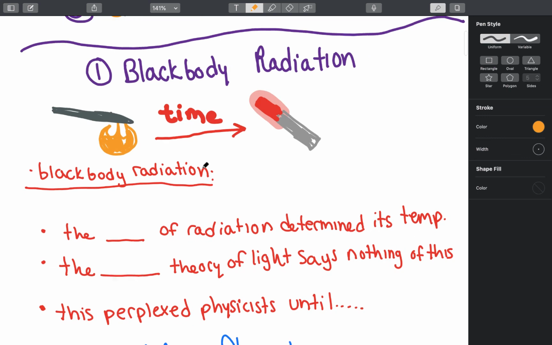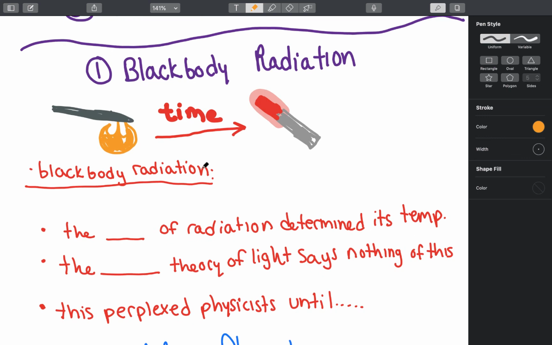So what is black body radiation? In order to describe black body radiation, I have here a little figure that I drew. I don't know if you've ever done this, but imagine taking a steel or iron rod and putting it over a fire for a great deal of time.